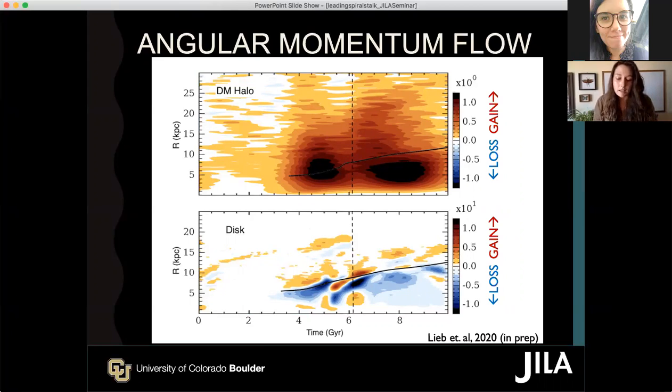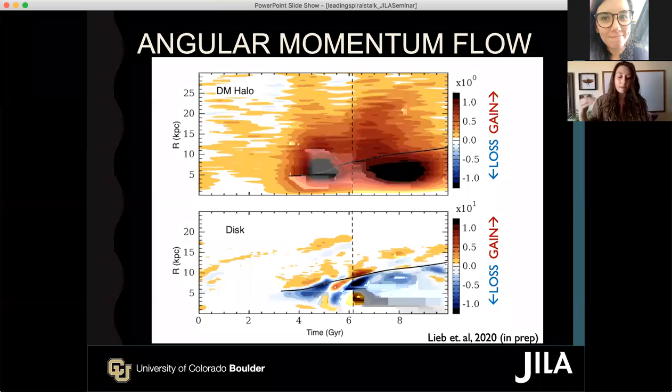The x-axis on this plot is time in gigayears, and the y-axis is actually binned radii. So what this plot is showing us is the rate of angular momentum change within each 1 kiloparsec radii at each time step.